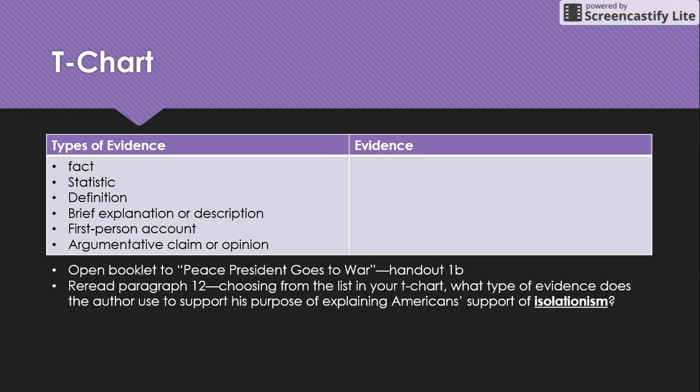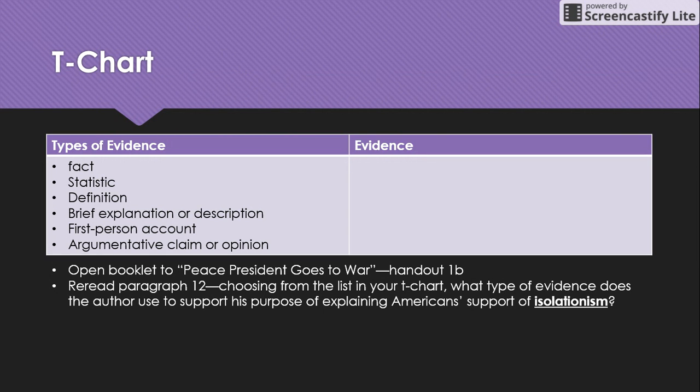While we're going through today's activity, always think about which precise type of evidence best suits the purpose. And remember, precise means accurate. No fake news here. We want precise, accurate evidence.